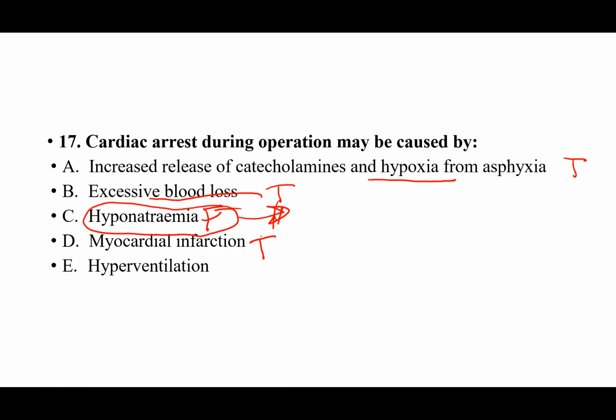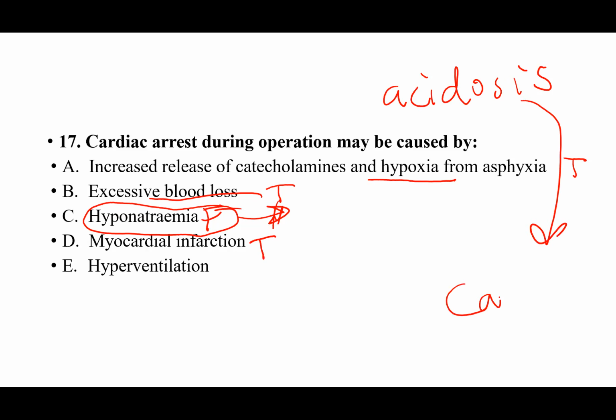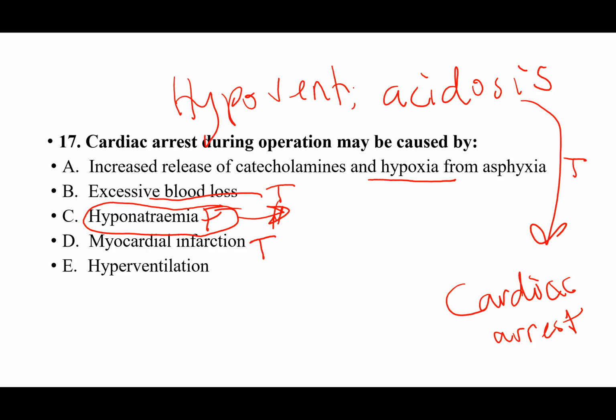Hyperventilation. You know, acidosis is caused by hyperventilation, and this leads to cardiac arrest. Why? Hypoventilation leads to acidosis. Why does hyperventilation lead to alkalosis?